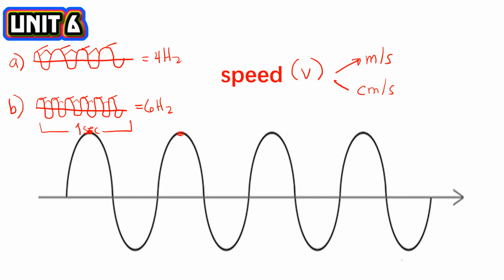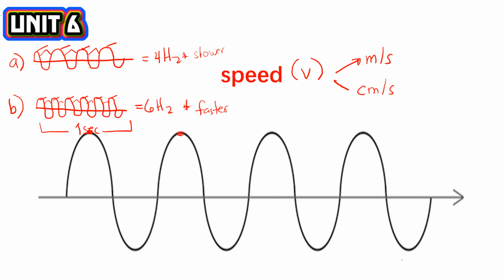So if you have a bigger hertz, the object is moving faster than one with a smaller number of hertz, which is a bit slower.